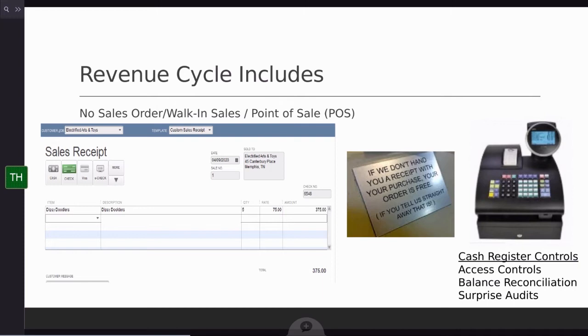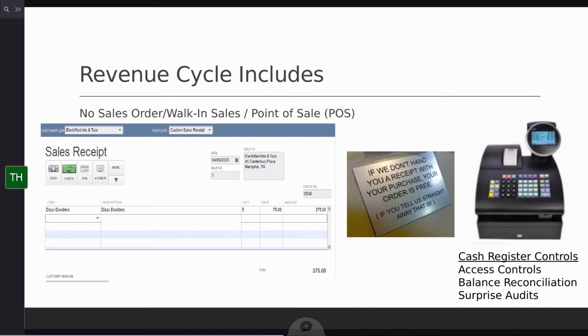So we put up a sign that says, if we don't hand you a receipt with your purchase, your order is free if you tell us straight away, that is. So essentially, it's trying to get people to go, oh, wow, if they don't give me a receipt, I get my order for free. And that receipt is the system generating it so that we know it's a transaction that's been put in the system and recorded as such.